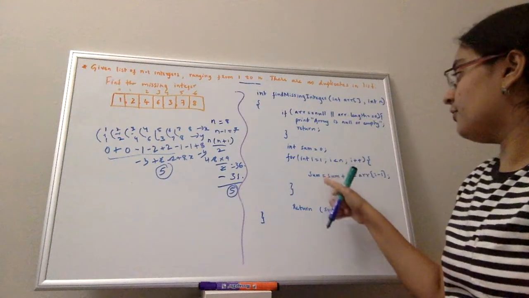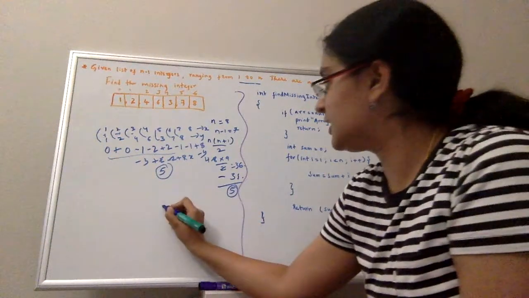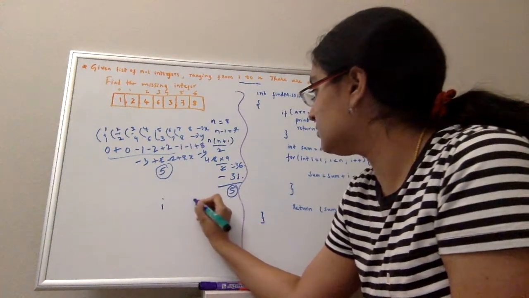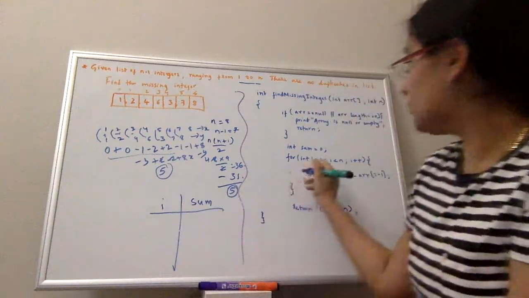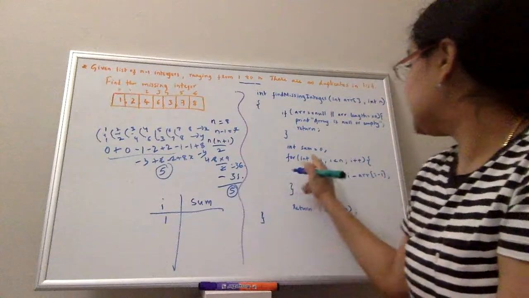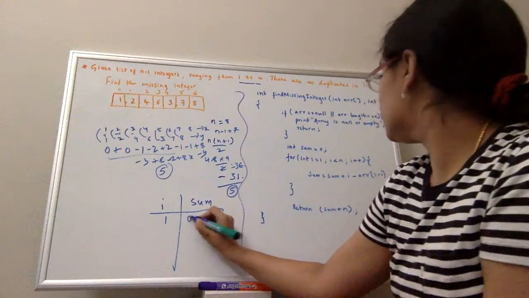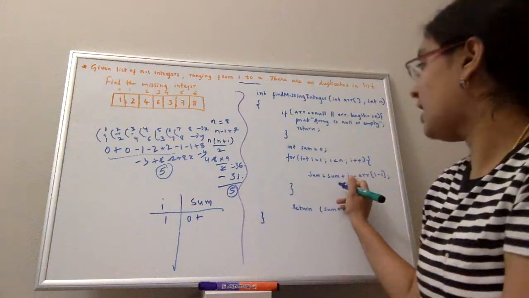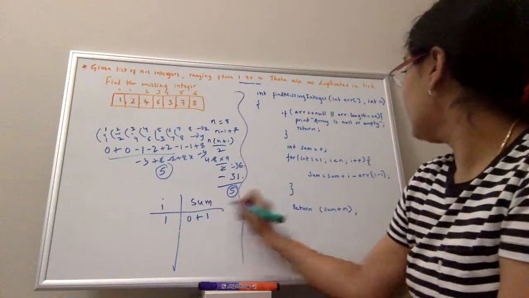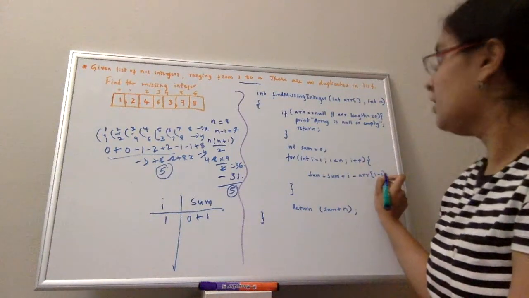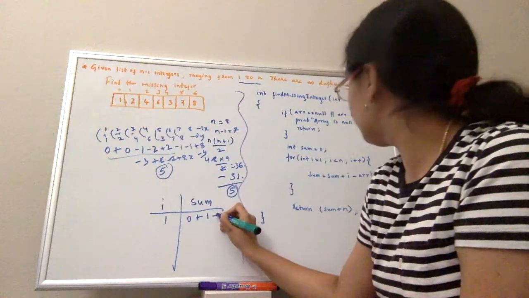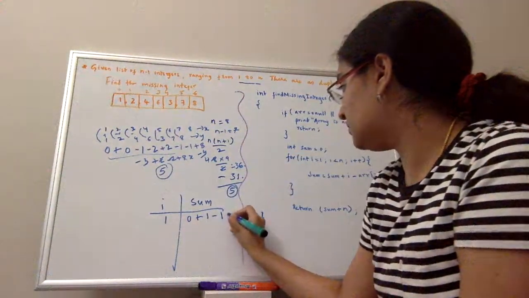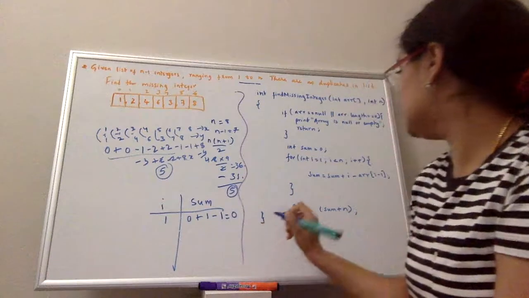So let's trace this. When i is 1, my sum is initially 0, so 0 plus i is 1, minus array of i minus 1, which is array of 0, that is 1, so your sum is 0 here.